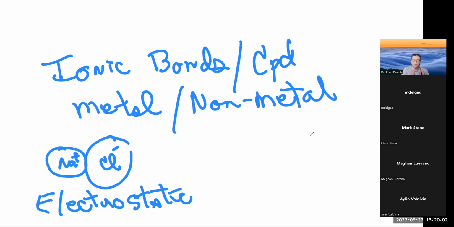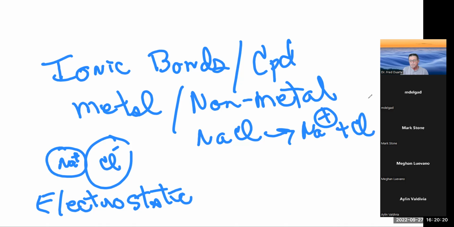Now, one property of ionic compounds is that when we put them in water to dissolve, they literally break up. So if I were to put sodium chloride in water and dissolve it, I would break it up into its respective ions, okay? In fact, if we had pure water and threw the ions in there, that water will be conductive.